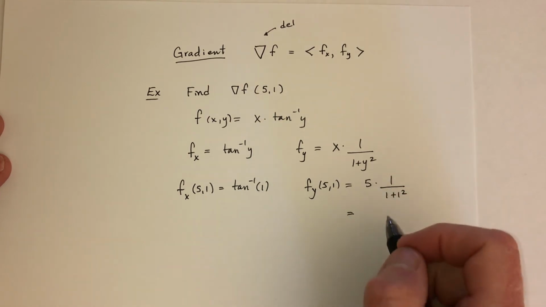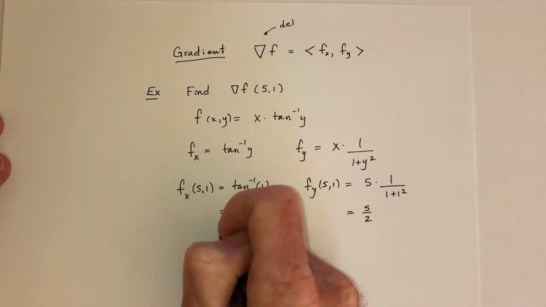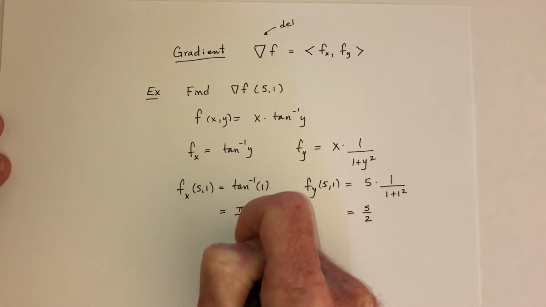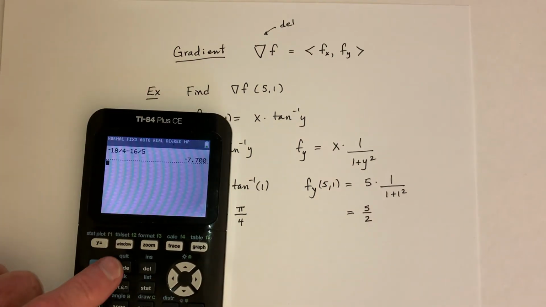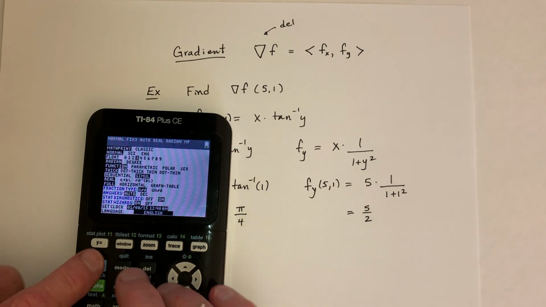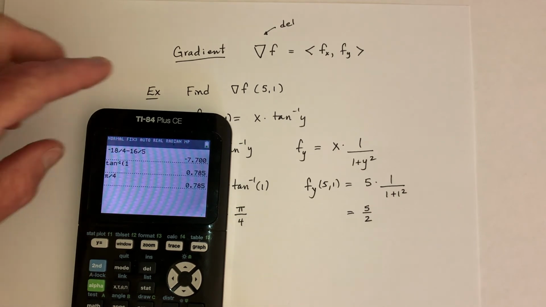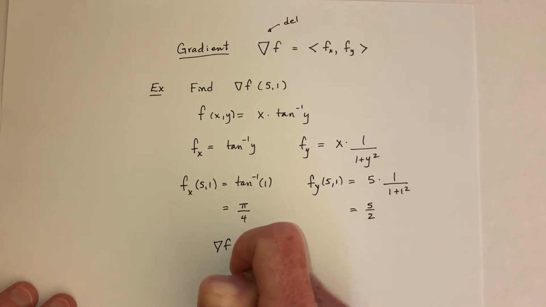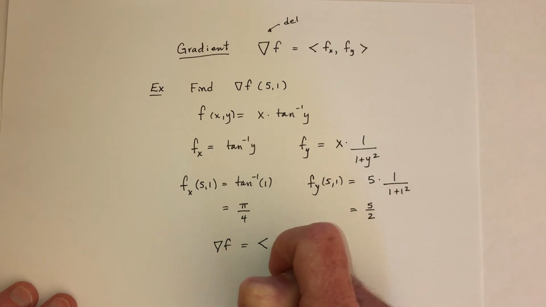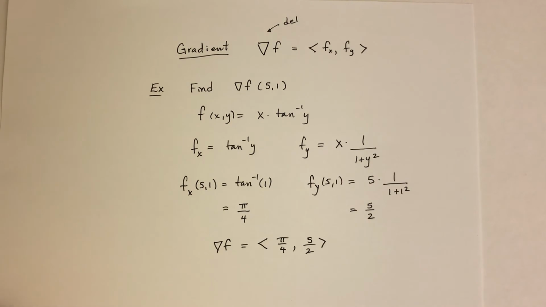So this is going to be 5 over 2, tangent inverse of 1, that's pi over 4. Let me just double check. Change the mode to radians, take the tangent inverse of 1. Is that pi over 4? Yes, it is. So that means that the gradient is equal to pi over 4, comma, 5 halves.